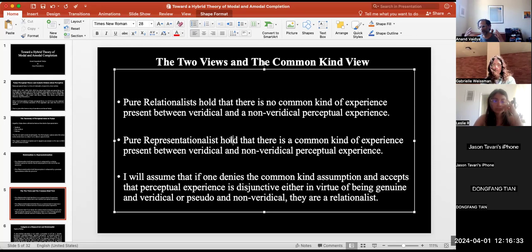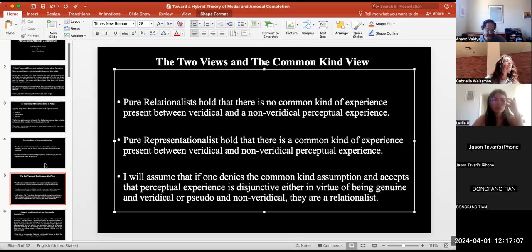So this isn't true of every person who has these views, but I'm going to make this inference: if you're a disjunctivist and you deny the common kind assumption, then we can infer that you're a relationalist. Some people might not make that inference. They might say that I deny the common kind assumption and I'm a disjunctivist, but I'm still a representationalist. I'm going to make the inference that if you're denying the common kind assumption and you're a disjunctivist, you end up being a relationalist.